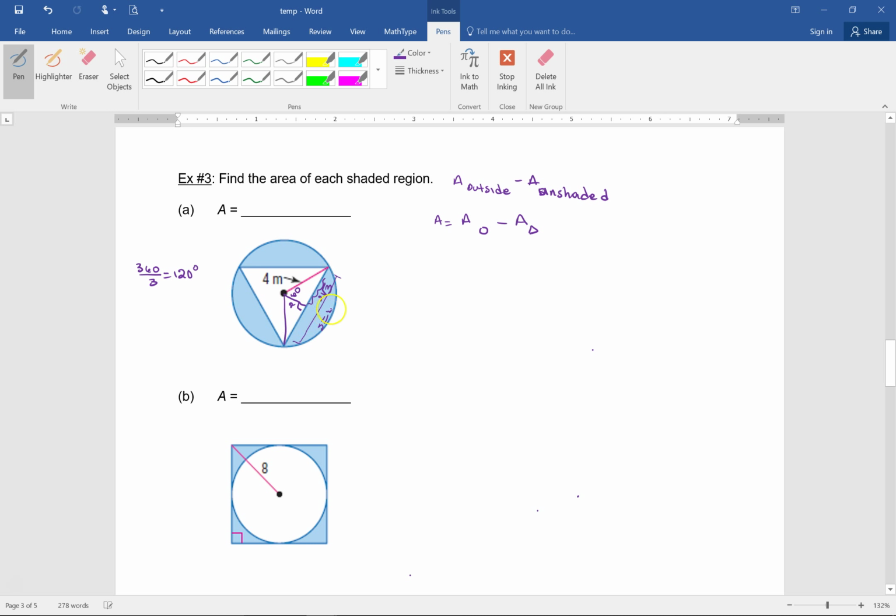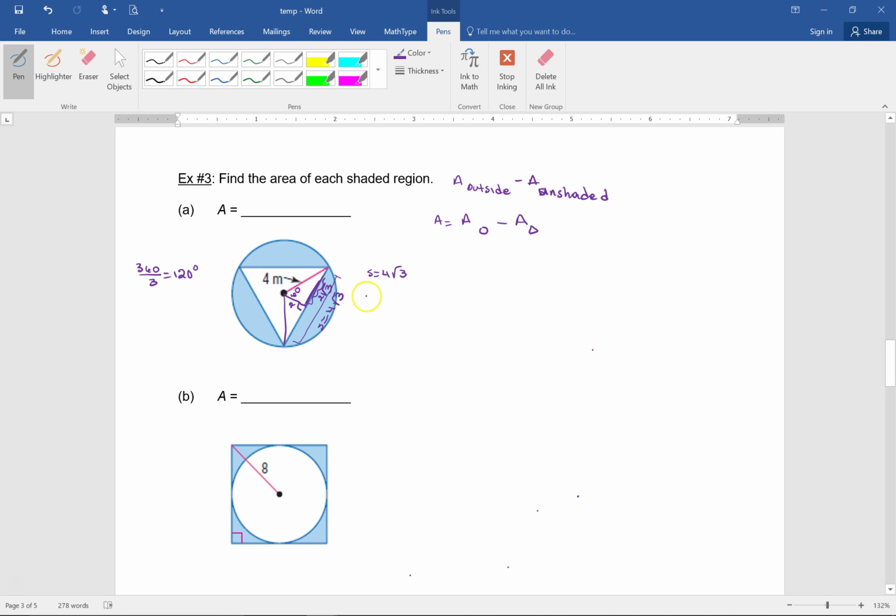Which means how big is the side of the triangle? 4 root 3. Okay? And how big is the apothem? So my side is 4 root 3. And because 2 root 3 is for half the triangle, the side of the big triangle is 4 root 3.